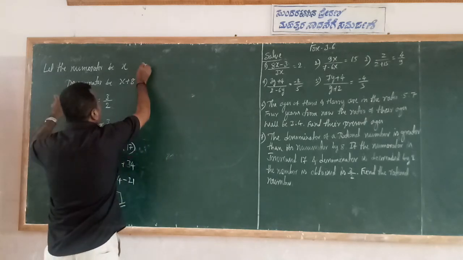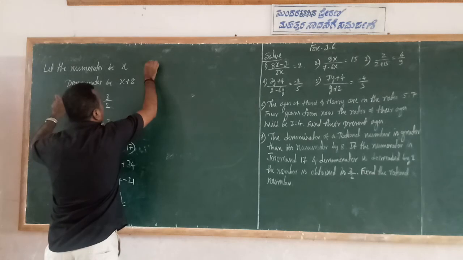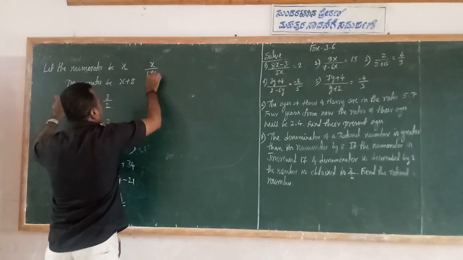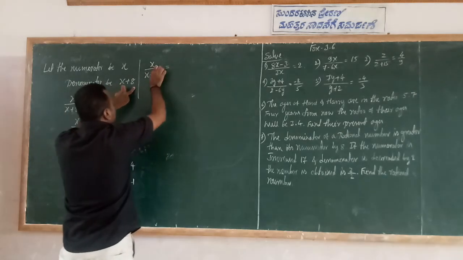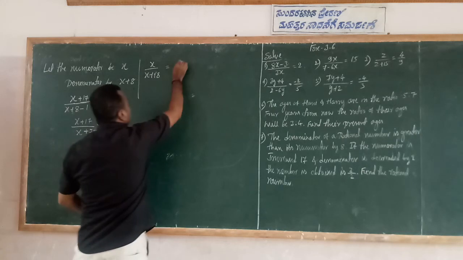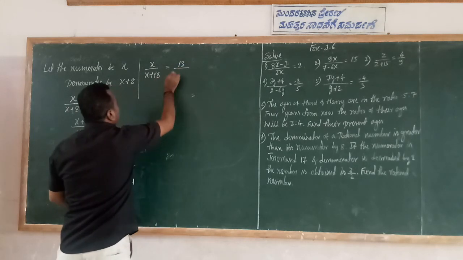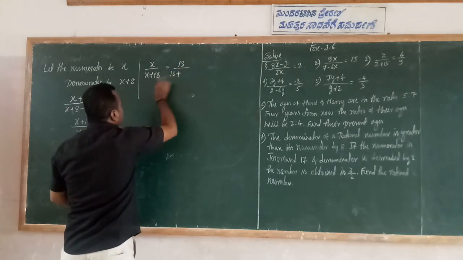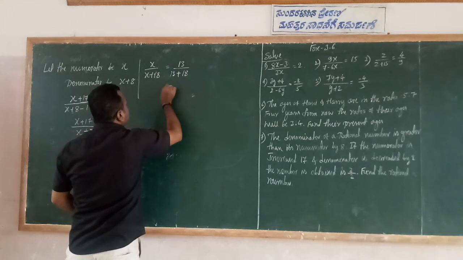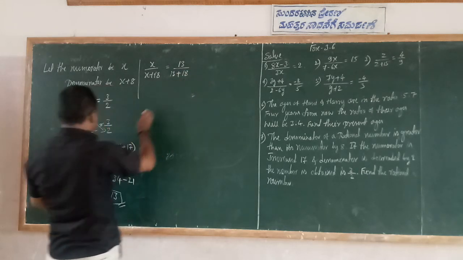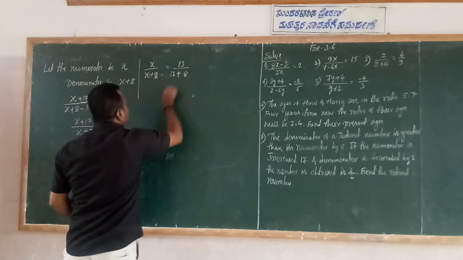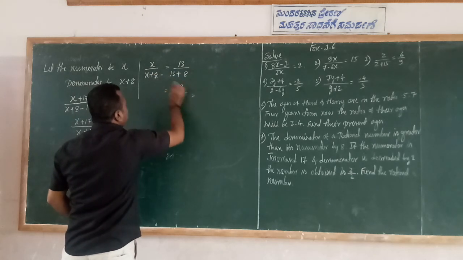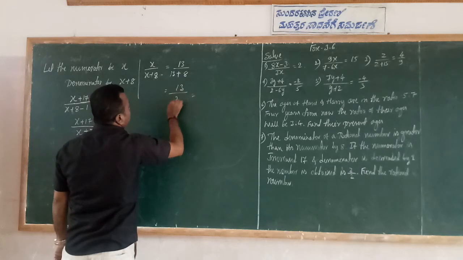See, first of all, x upon x plus 8. This is the rational number, correct? It is equal to, x means 13, so 13 upon 13 plus, sorry, x plus 8, not 18, this is 8. Therefore, 13 upon 13 plus 8, how much? 21.